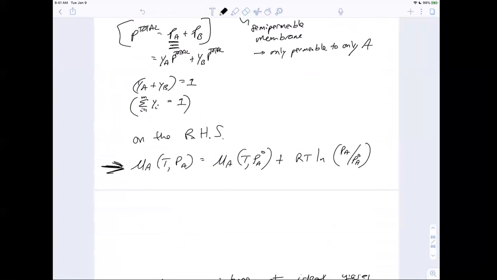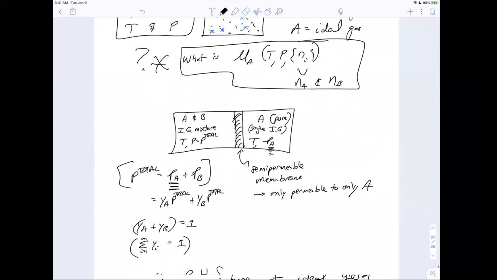So let's see. What do we know about chemical potentials from our last discussion? Let me reiterate here just to get everyone on the same page. A doesn't see the membrane because the membrane is permeable.